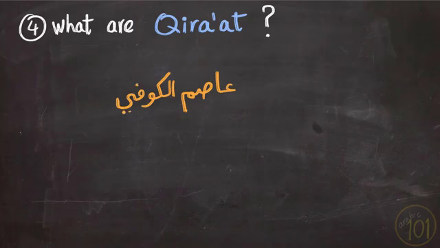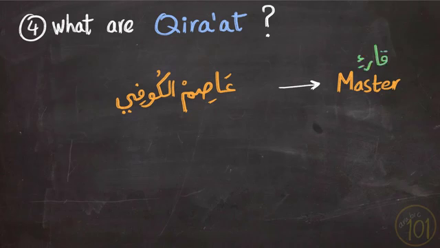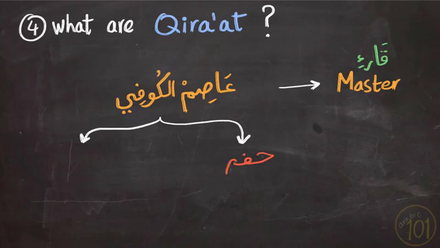So for example, Asim al-Kufi has made a number of decisions and selections from the 7 Ahruf of the Quran, and he taught it to 2 of his students, and they are Hafs and Shu'bah.